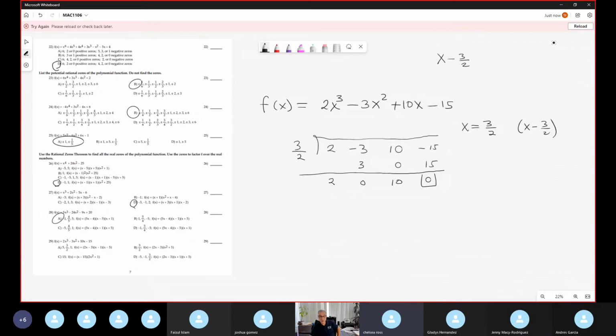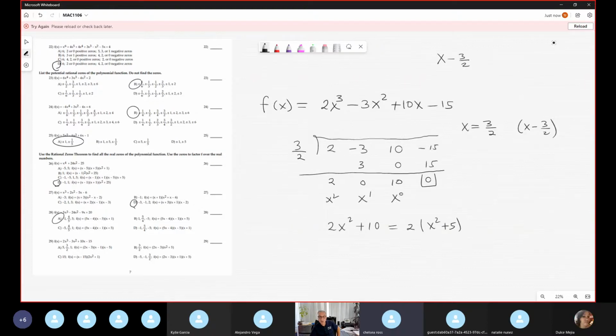So the quotient expression is x to the 0, x to the 1, x to the second. So I see, wow, the x is missing. So 2x squared plus 10. This looks like an irreducible quadratic, but you factor out the 2, because 2 and 10 have the common factor 2. So x squared plus 5.